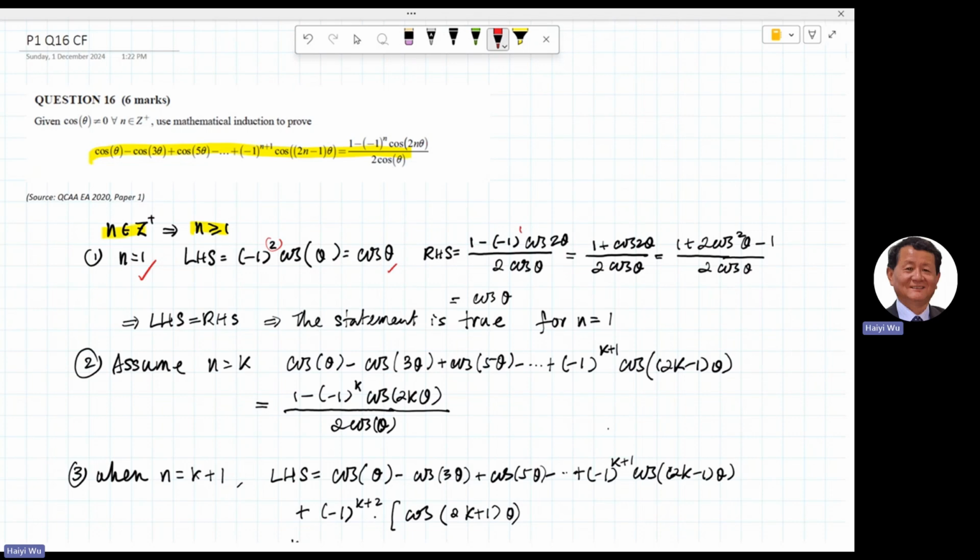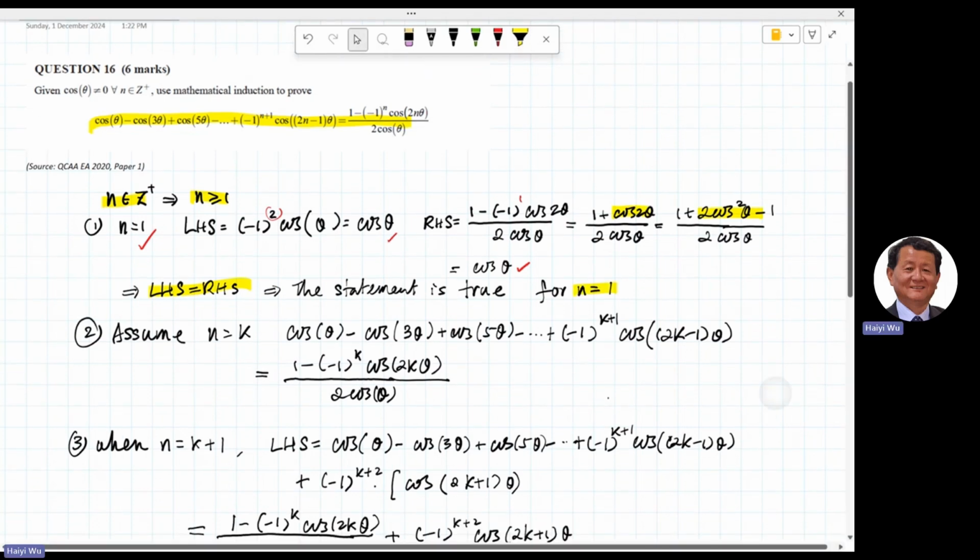Using the double angle identity, it'll be 2 times cosine squared minus 1, so they cancel out. The answer will be cosine theta. Therefore, left equals right, so the statement is true when n equals 1. That's step 1.